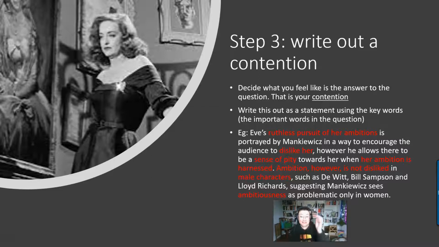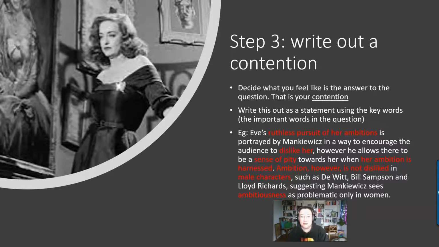Okay, so for my example, my contention is my arguments. So I've got my contention here. And when you're writing out your contention, try and use the key words in your statement. Okay, so that you are sure that you're addressing all parts of the question, all the important parts.